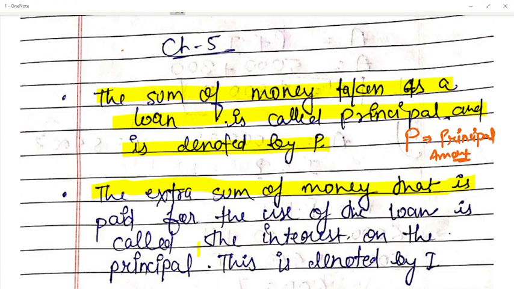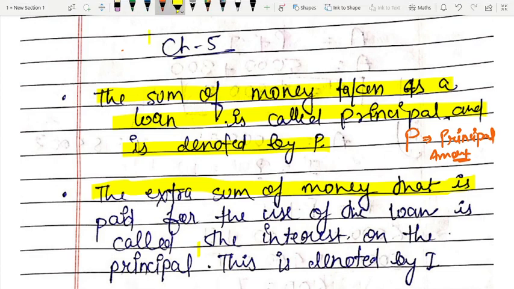Suppose you have taken 100 rupees loan from the bank, and the bank has said that the loan will be at 4% per annum. That means after 1 year you will give 4 rupees extra over 100 rupees. So after 1 year you will give 104 rupees. Is it clear?